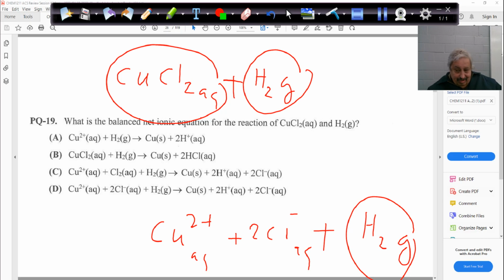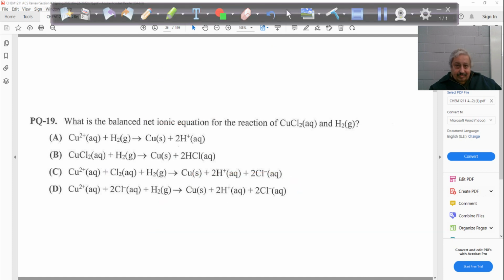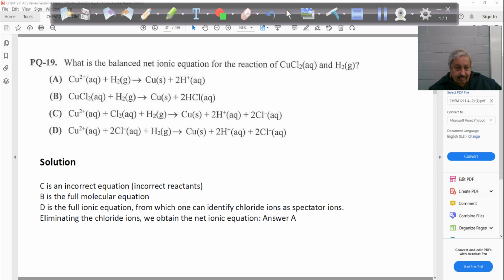Keep them aside. This one is only aqueous. So kept this, kept this, kept this. Okay. Then whatever is there, correct? So let's see. D is the full ionic equation. The answer is D. The answer is what? The answer is A.